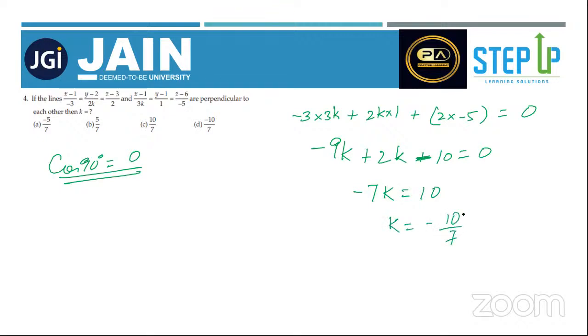Minus 10 by 7. So question number 4, what is the answer? Option D, that is minus 10 by 7. Anyone has got any doubt? Guys, do you have any doubt?